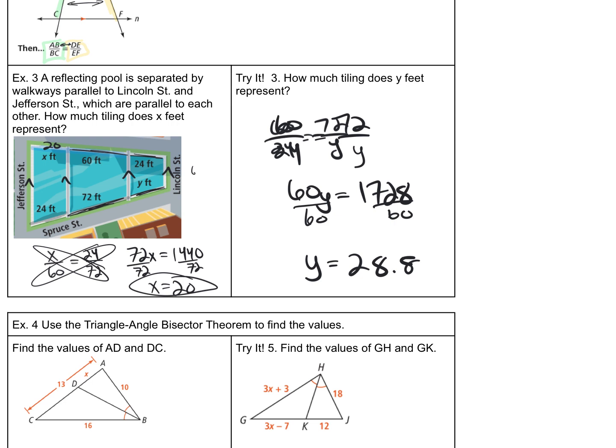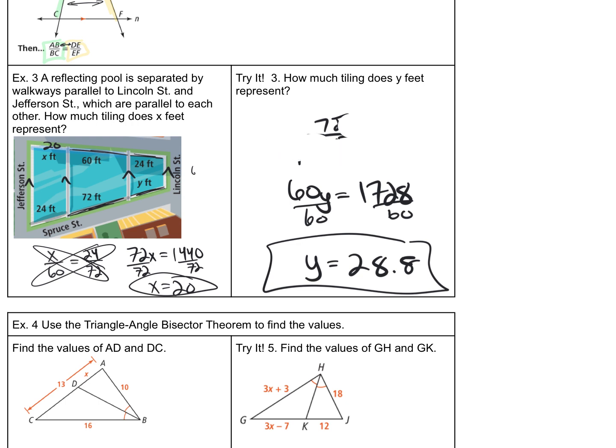All right, so looking at setting up your proportion, if your proportion doesn't look exactly like that, there's a couple options, right? Yours doesn't have to look exactly like your neighbor's. The biggest thing here is that within your fraction, the 60 and the 24 should create one fraction. So you could have had it as 60 over 24 or 24 over 60.